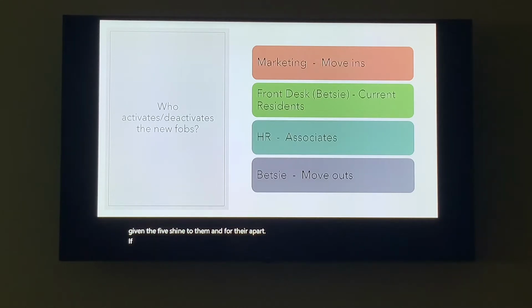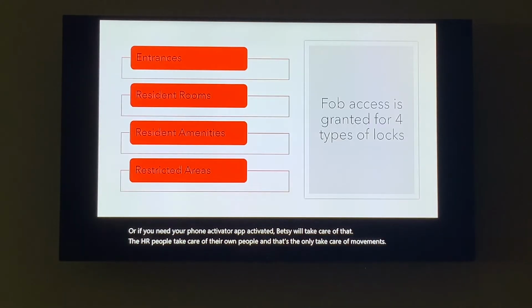If you need your fob activated or deactivated, Betsy will take care of that. Now the HR people will take care of their own people, and Betsy will take care of move-outs. So the main thing you need to know is, once you get your fob, you have your fob. If you have problems with it, I hate to say this, but call Betsy.